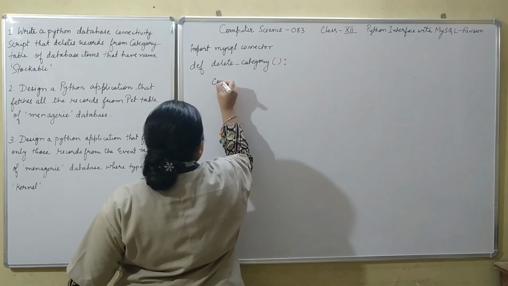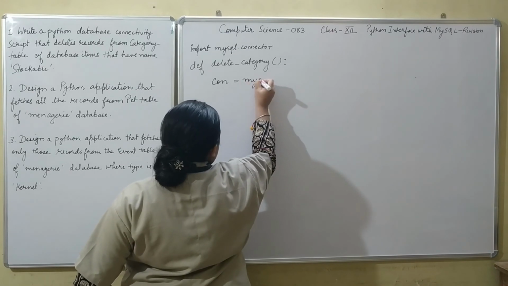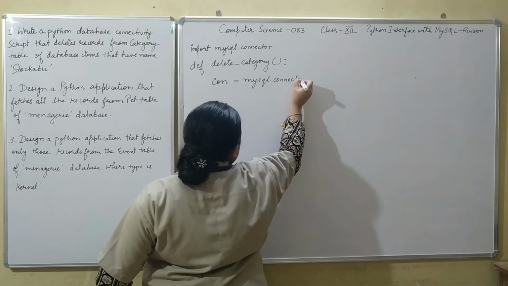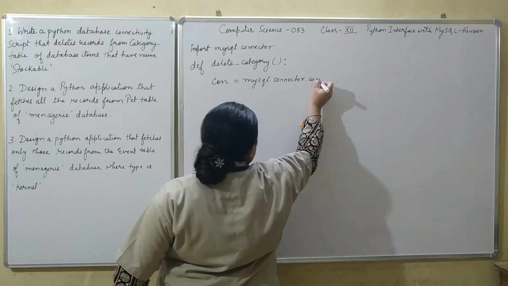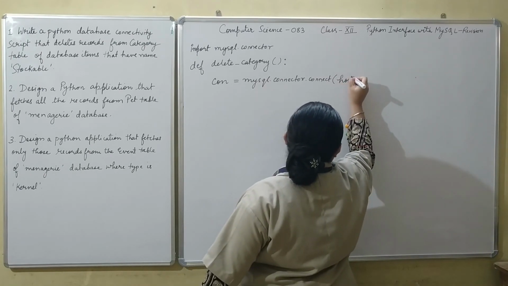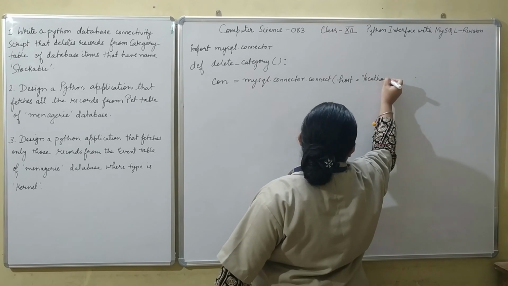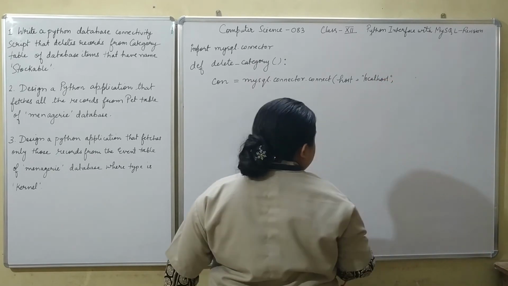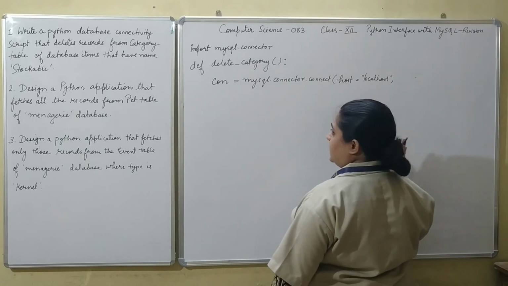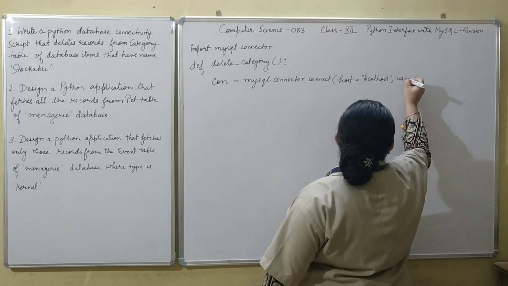Now create a new connection object by using mysql.connector.connect. Host is equal to localhost, because our database is on the same computer, on the same machine. The same machine acts as my server also, hence localhost.